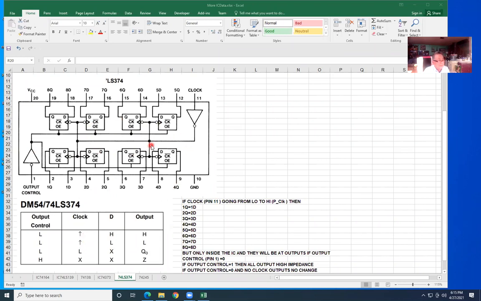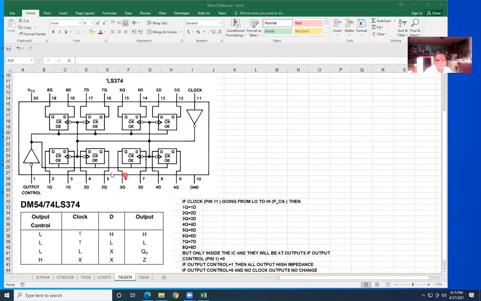Then it goes inside. However, it does not go outside until the output enable. In here, what is the output enable? Output control, pin number 1. Pin number 1 is active low. That means when you get a 0 here, the input inside these flip-flops will go out.